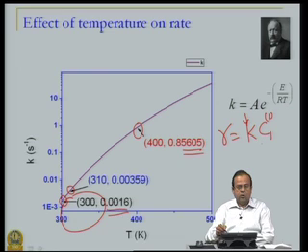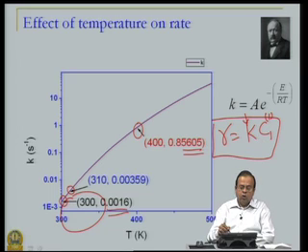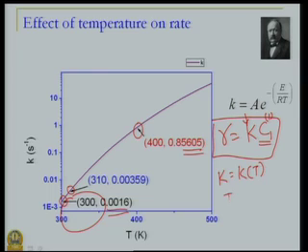to each other. So, in other words, even though the kinetics is first order as it appears, there is an indirect influence of concentration on the rate of reaction. Direct influence is through this C1 over here, indirect is because K depends on temperature and temperature is related to concentration.